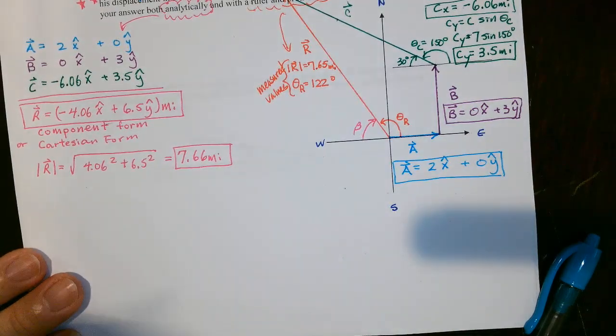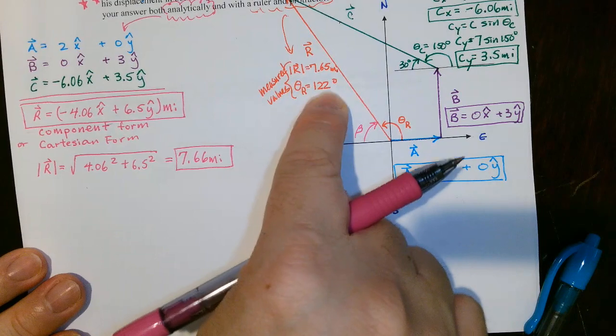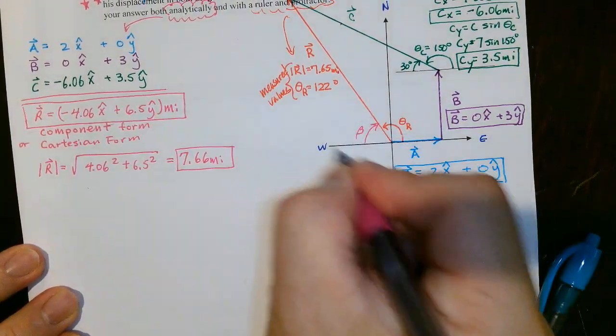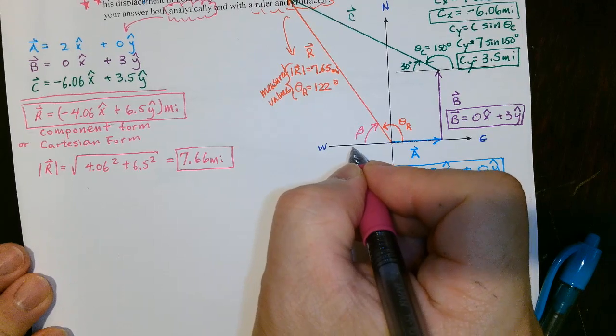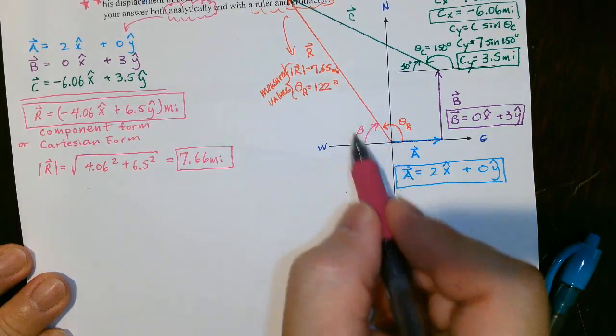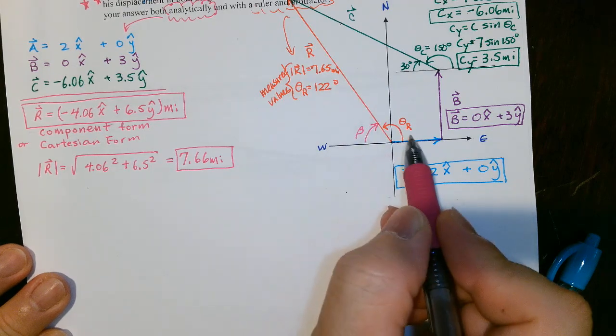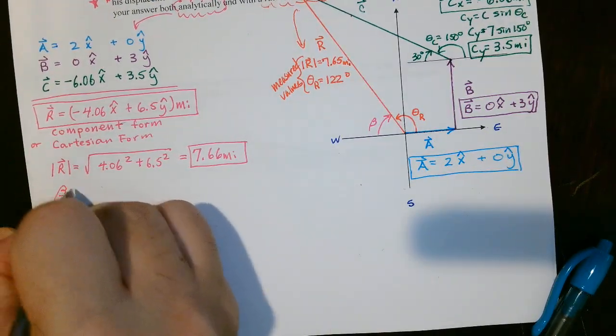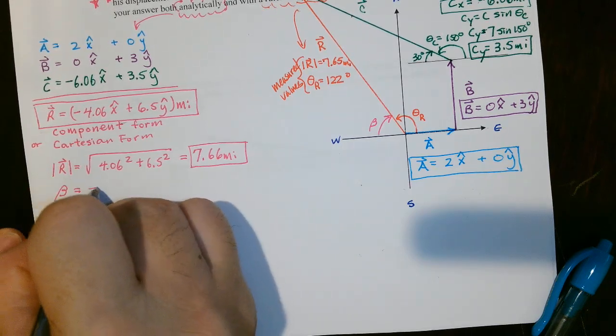Well, let's see how accurate we really are by figuring out what this angle is. If we calculate this beta right here, since my r is in the second quadrant, we do 180 minus the absolute value of this beta to get my theta r.